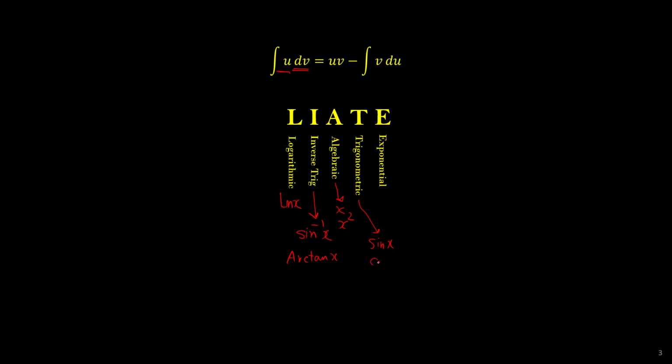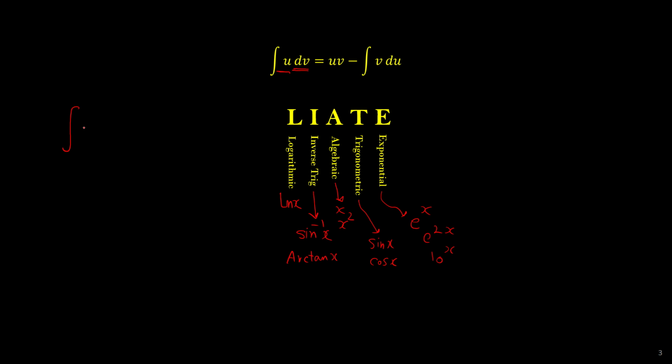And finally, exponential functions like e to the x, e to the 2x, 10 to the x, etc. When you want to choose u, look at this list and choose u, the first function that appears in this list. Let me show you by an example how this acronym works.